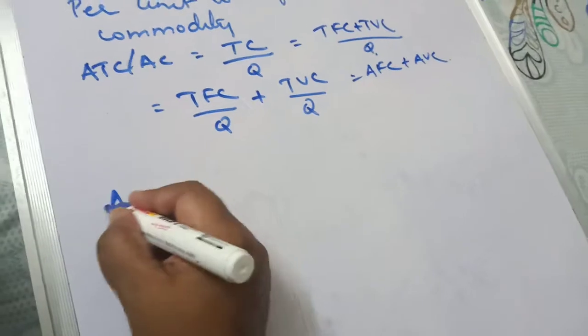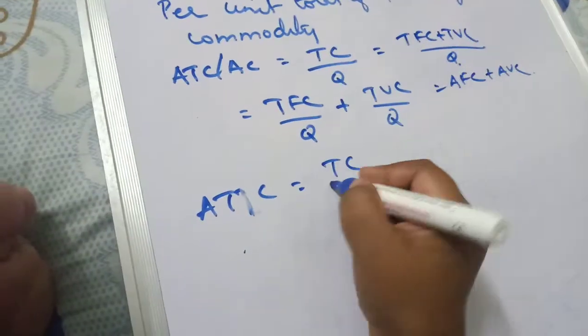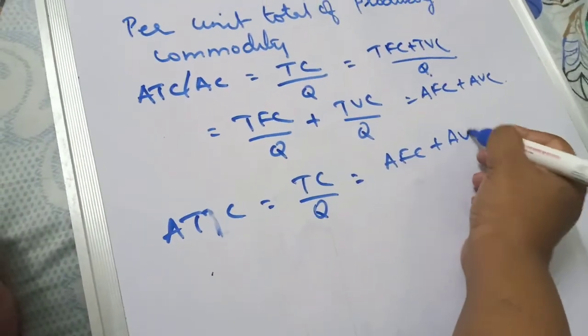So what is ATC? ATC is equal to TC upon Q, or AFC plus AVC.